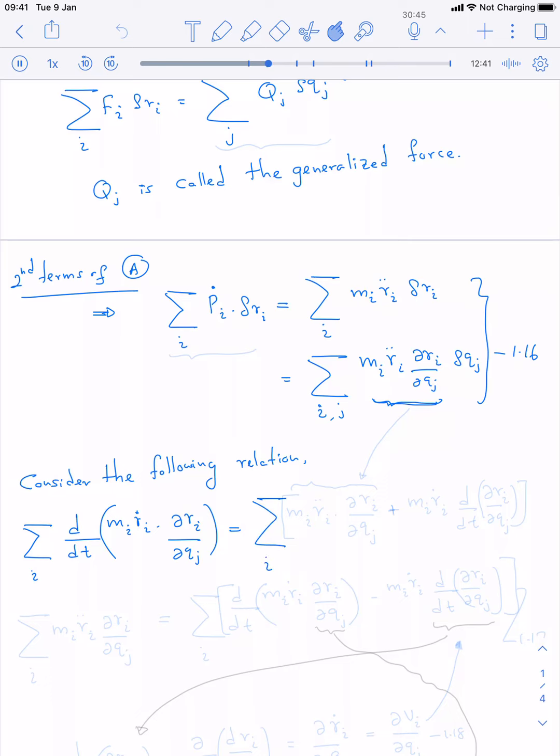That is, sigma i. First I differentiate the first term, which is Mi Ri double dot, and then I keep the other term as it is, dabba Ri over dabba Qj, and then minus, keep the first term Mi Ri dot and then differentiate the other term, so that is d over dt of dabba Ri over dabba Qj.